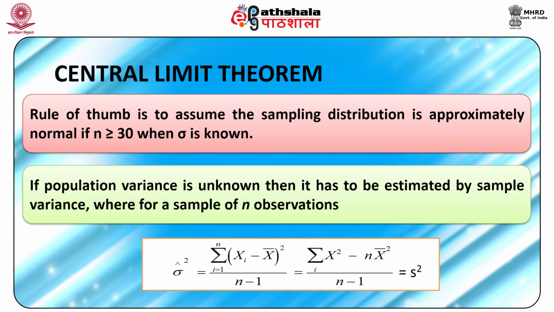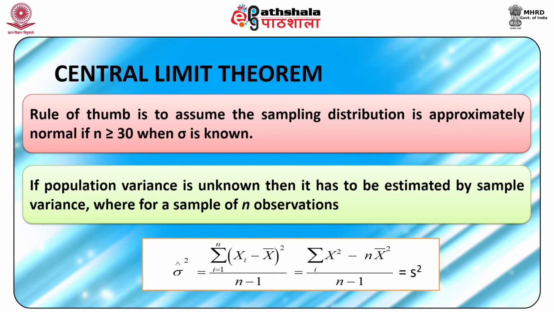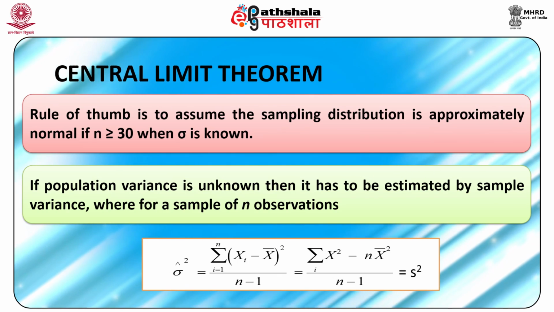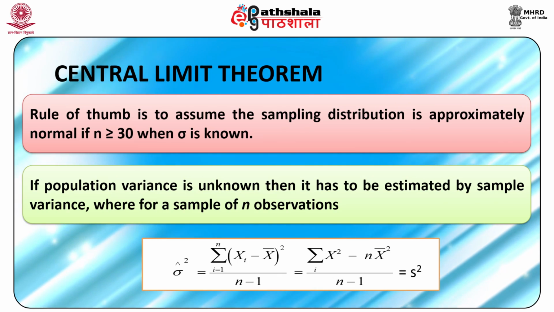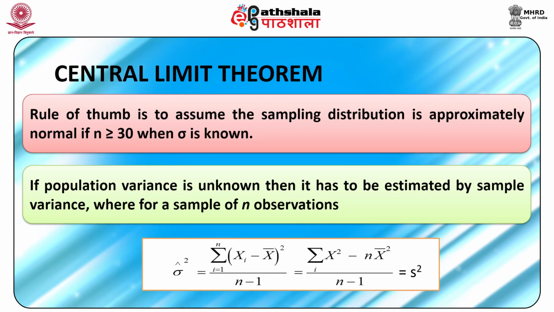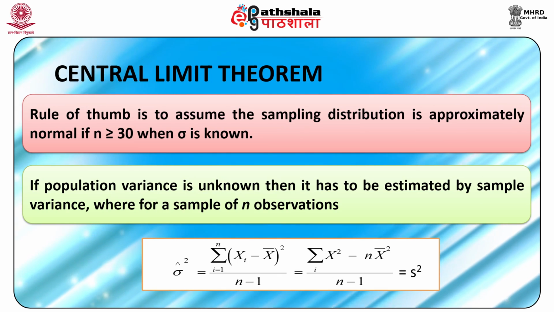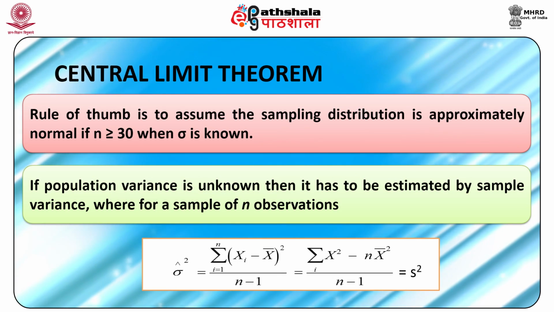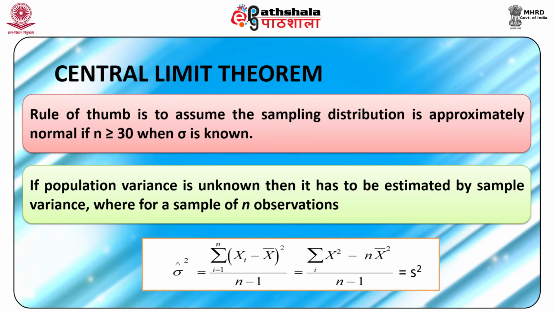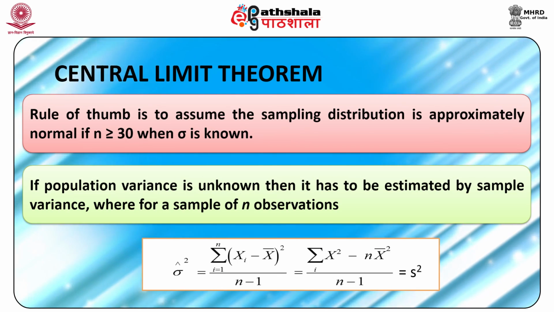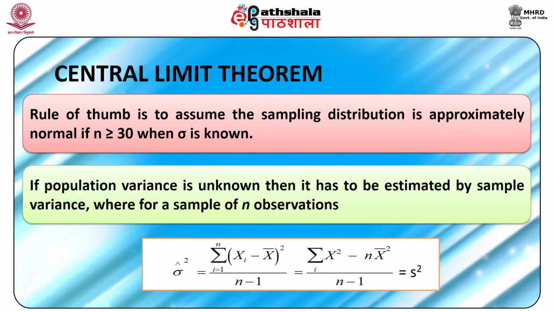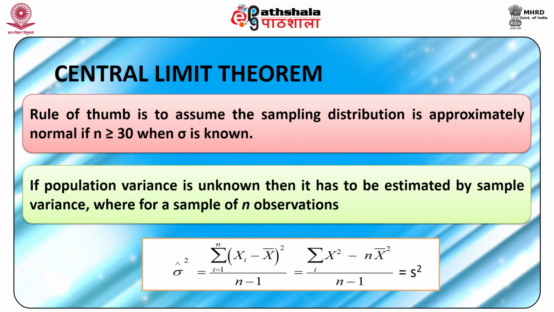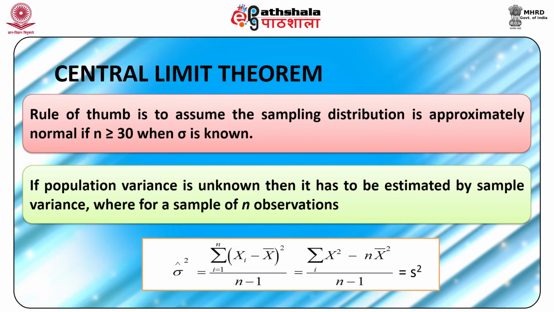So if population variance is unknown, then it has to be estimated by sample variance, where a sample of n observations could be defined as sigma hat square equal to the sum of xi minus x bar square, where summation is from 1 to n, whole divided by n minus 1, which can be rewritten as summation of xi square over i minus n x bar square divided by n minus 1, which is equal to s square. So s is small s here.